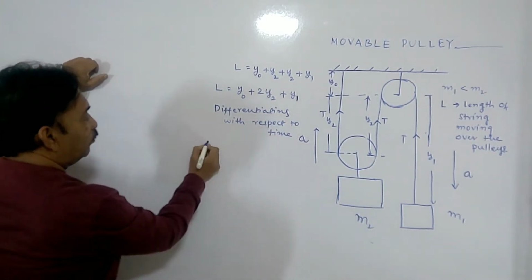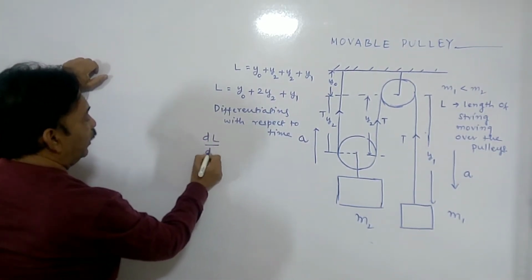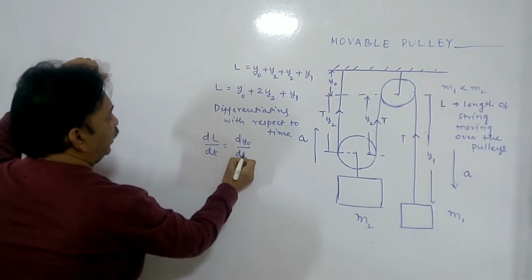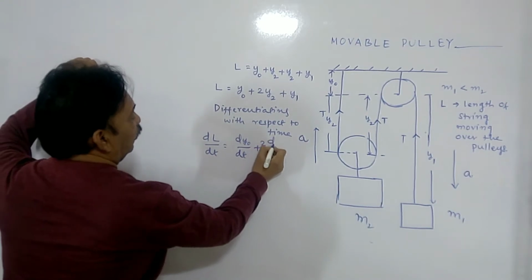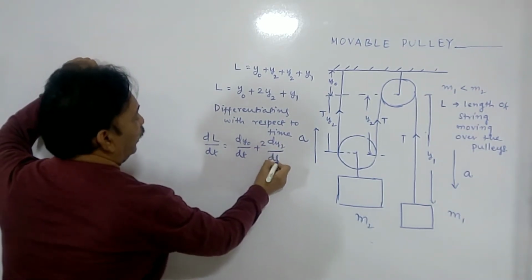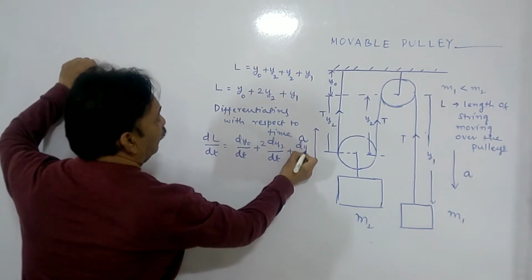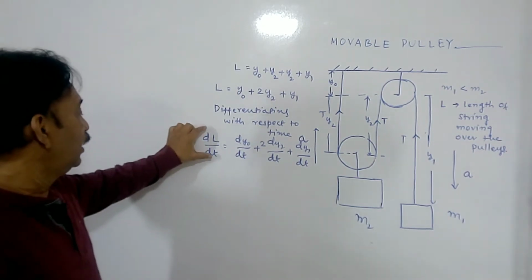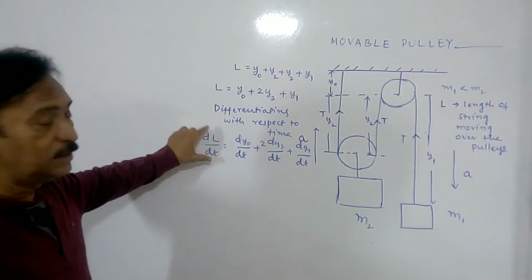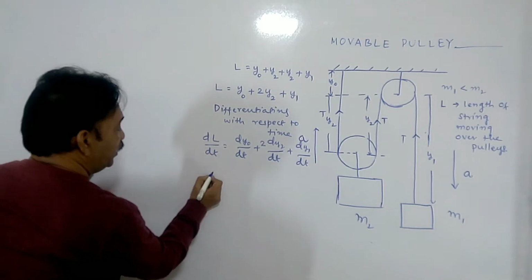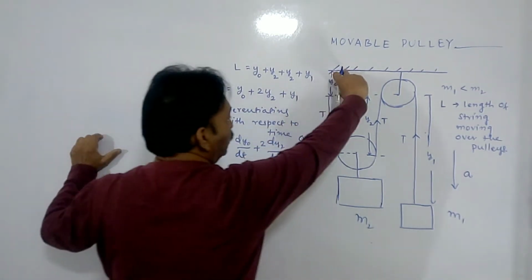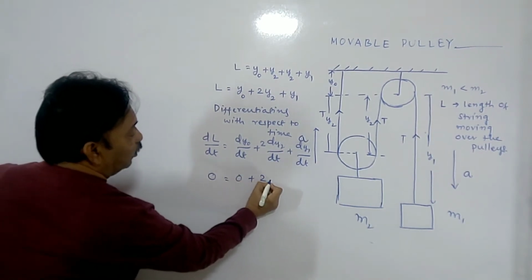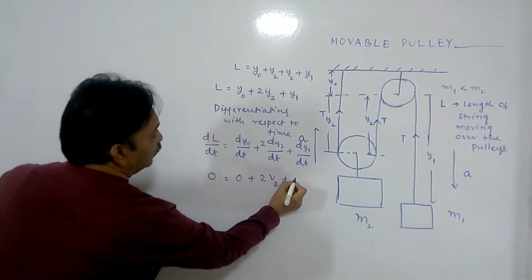What we get is dL by dt equals dy naught by dt plus 2 dy2 by dt plus dy1 by dt. Here the length is a constant, so the differentiation becomes 0, and y naught is also a constant, that's why it is 0. And we get 2v2 plus v1.